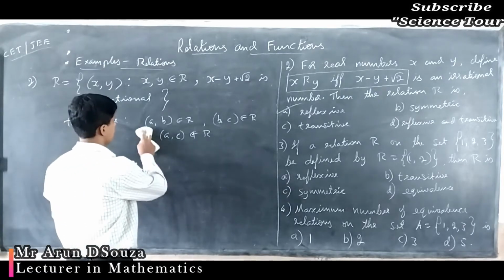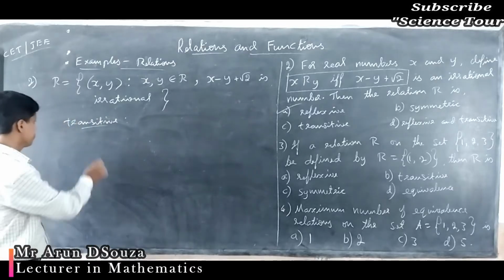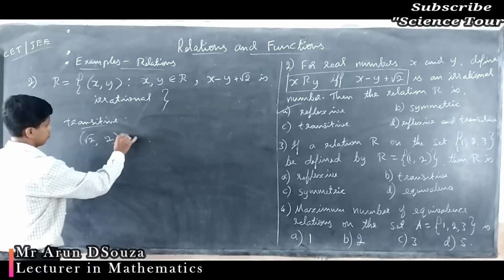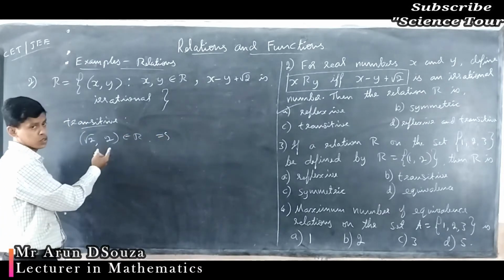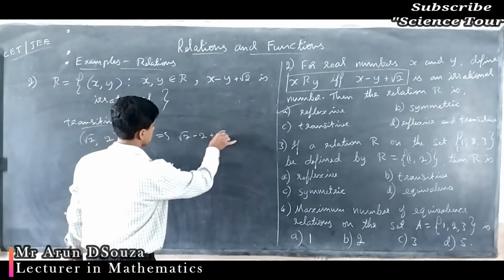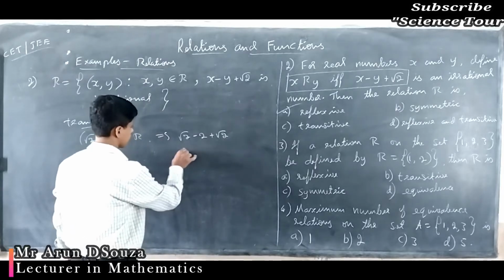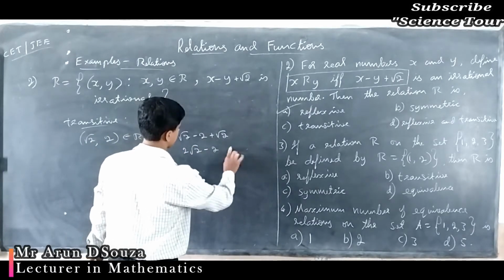Now I'll try to give an example of that type. Say first you take root 2 comma 2 which belongs to R. What does that mean? Root 2 comma 2. See, you got root 2 minus 2 plus root 2, that is 2 root 2 minus 2, which is irrational.